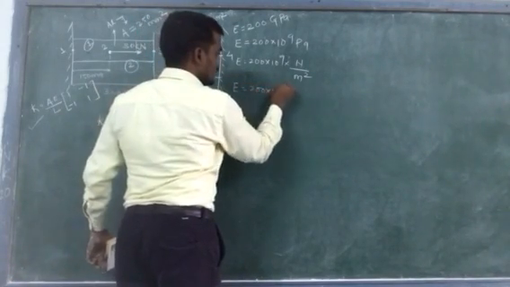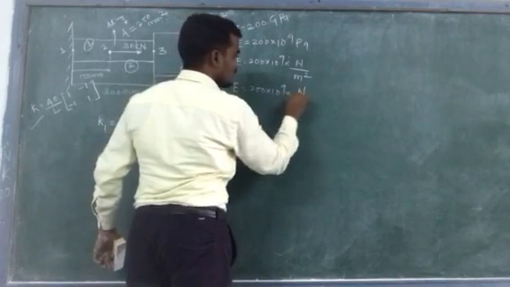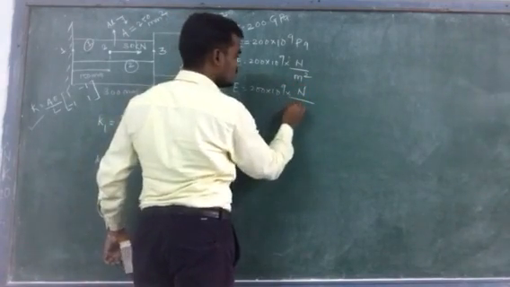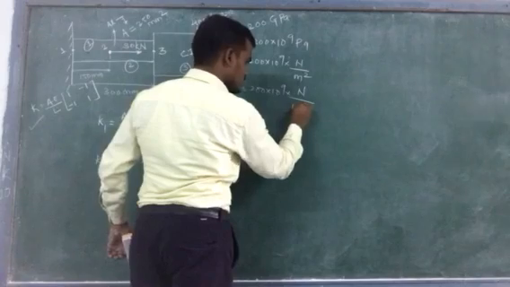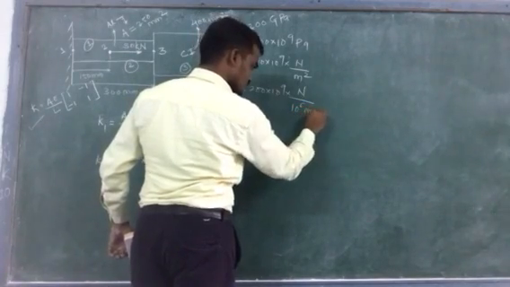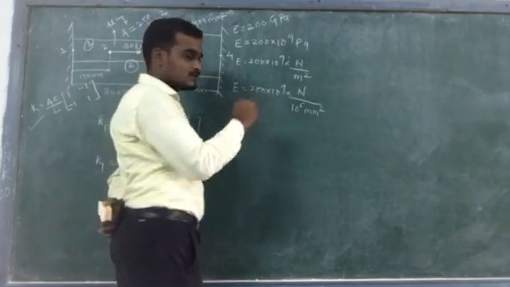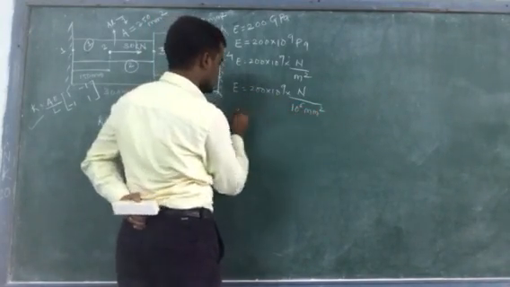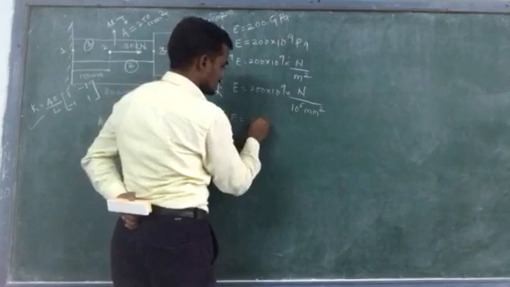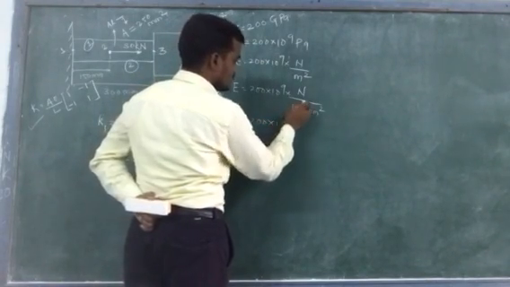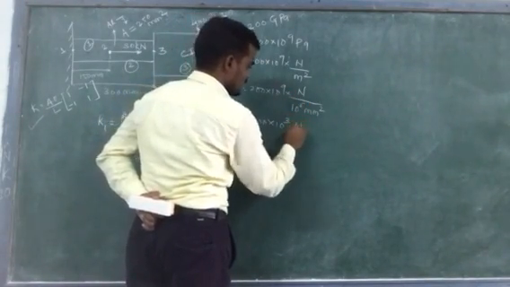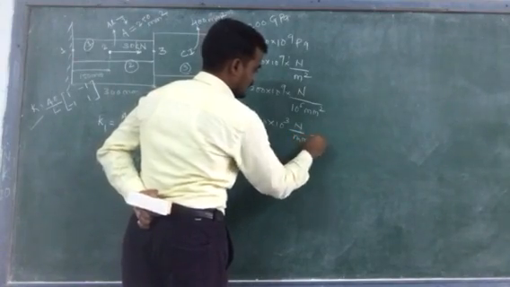So E will become 200 into 10 raised to power 9 Newton per 1 meter square, which is equal to 10 raised to power 6 mm square. Okay, 1 meter square is equal to 10 raised to power 6 mm square. So E will become 200 into 10 raised to power 3 Newton per mm square.